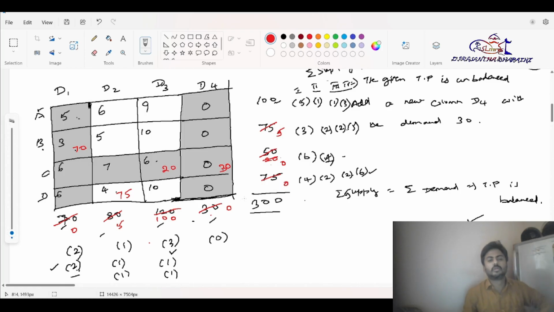Since this row is satisfied, I have to cancel this row. Now this row is cancelled. Again you have to go for the fifth iteration.